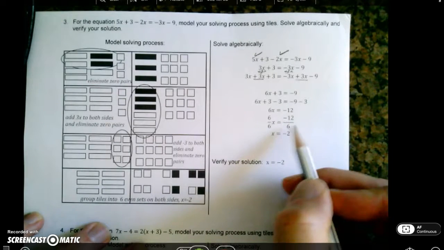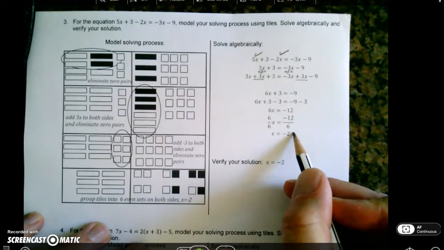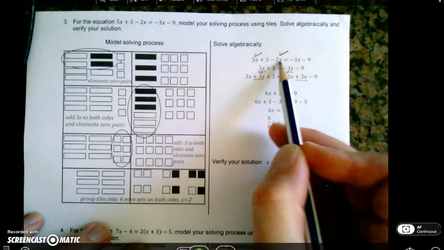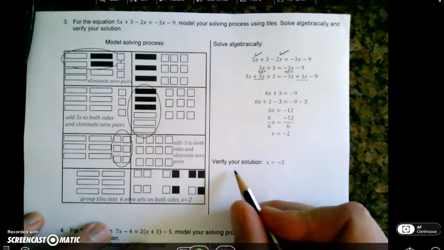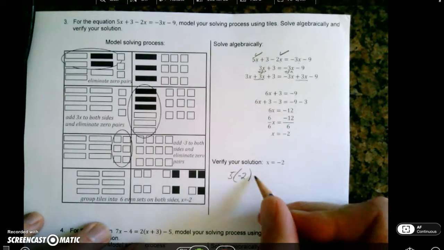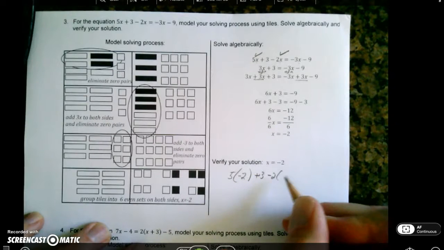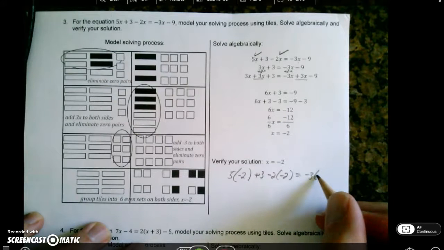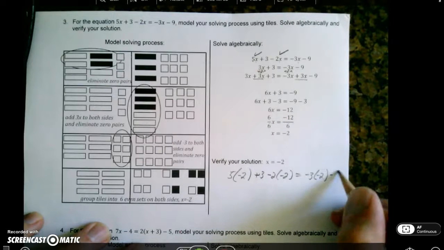And of course, how you would verify that solution is to put that number, negative 2, here, here, and here to see if it's true, and I'm going to go ahead and do that. So 5 times x, which is negative 2, plus 3, minus 2 times x, which is negative 2, equals negative 3 times x, again, negative 2, minus 9. And then we simplify this mess here.